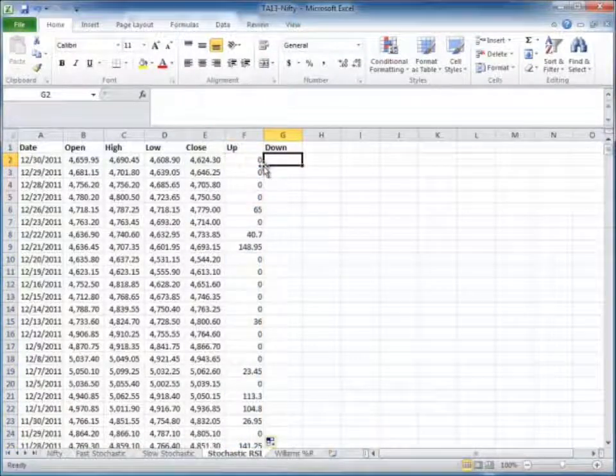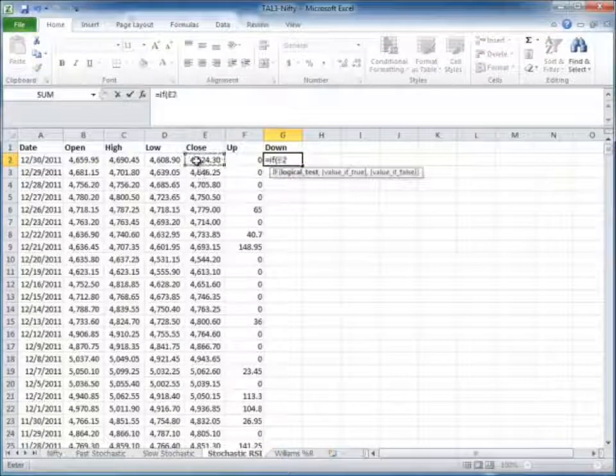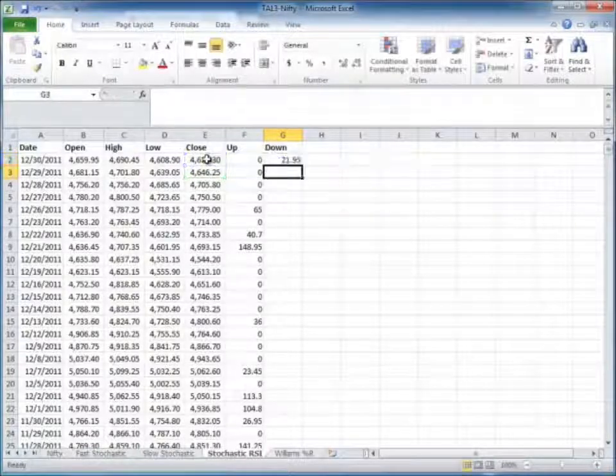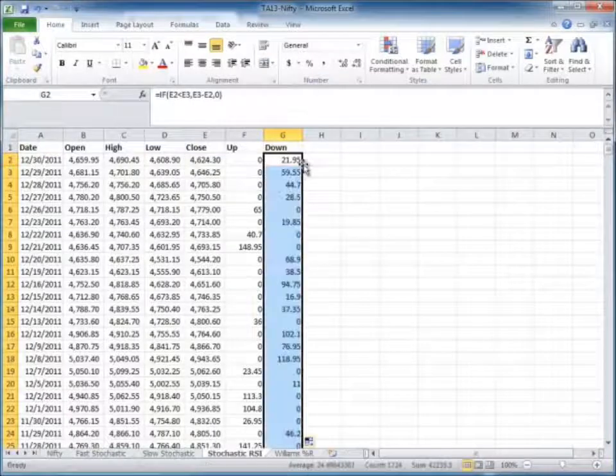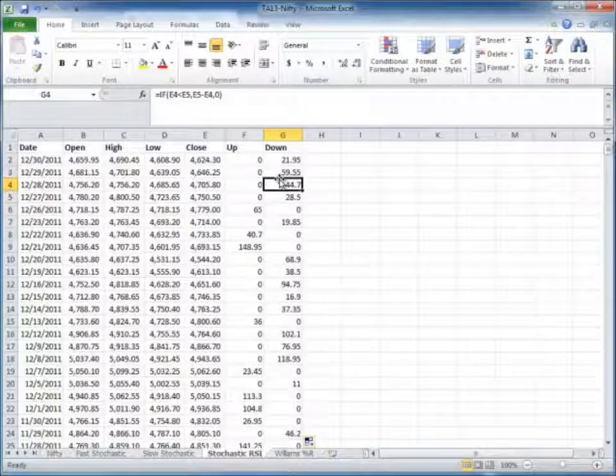Now with the down days, I'm going to do something fairly similar. I'll say if this day was less than that day, so if the price fell, then I would like the price at the previous day minus the current price, because we need it to be a positive number. Otherwise, I'll have 0. So every day should be either an up or a down day, and they shouldn't overlap, and that's fine based on what we have here. Okay, that's the first step.